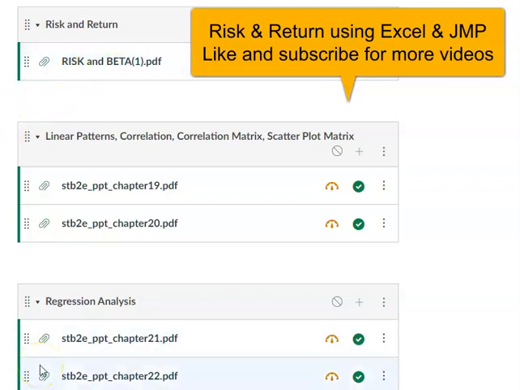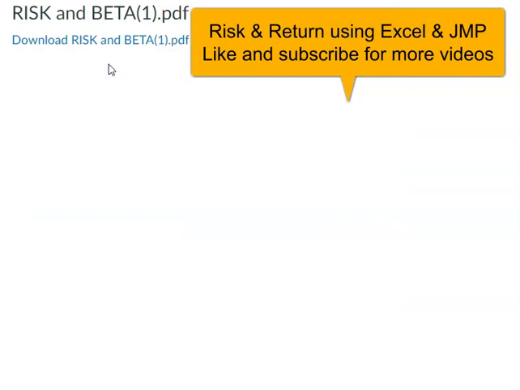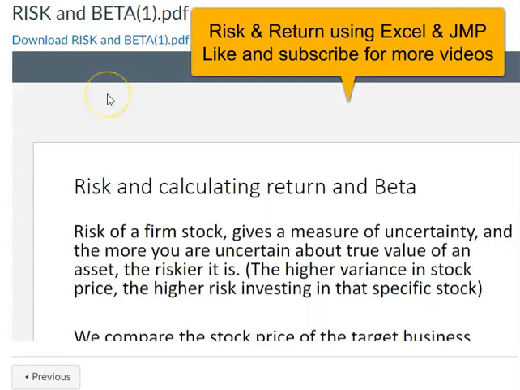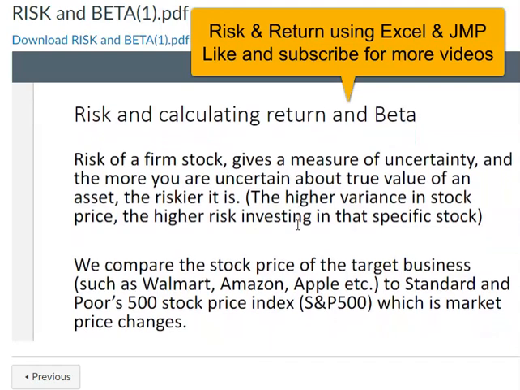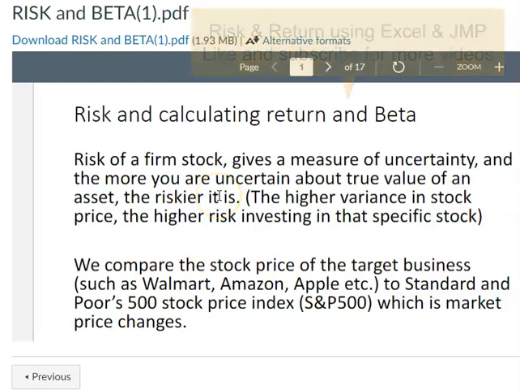Alright, so today we're going to talk about the topic of risk and return and calculating the beta, which is a factor in terms of risk for investing in stock.